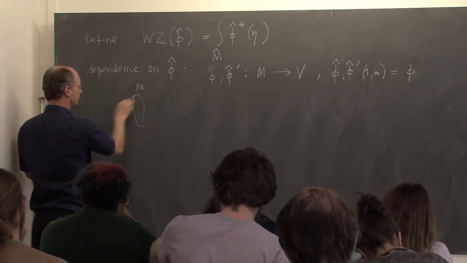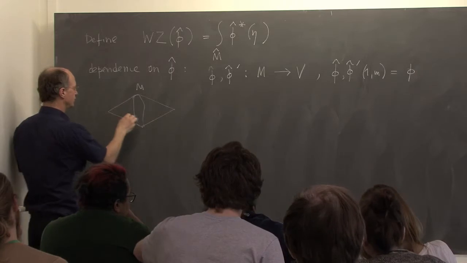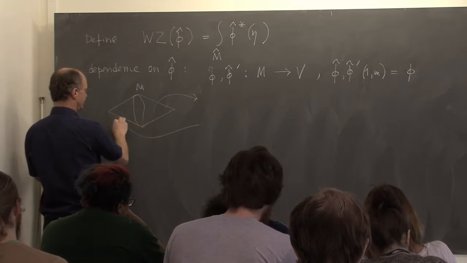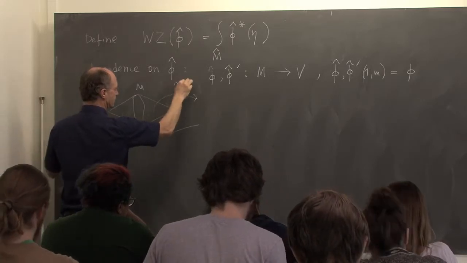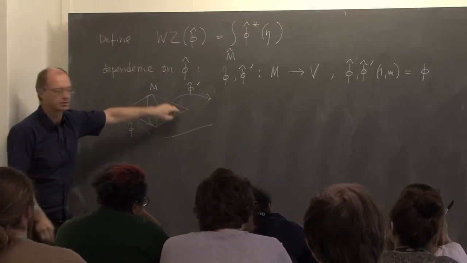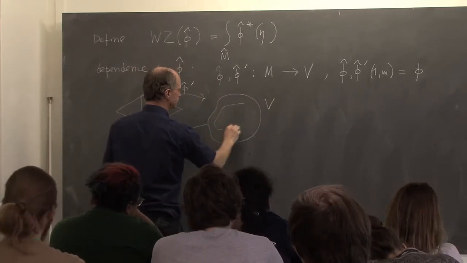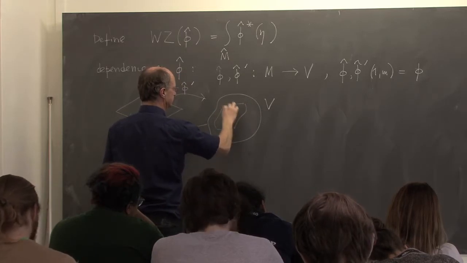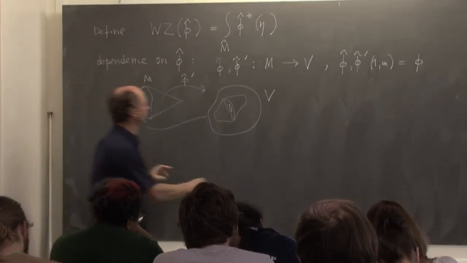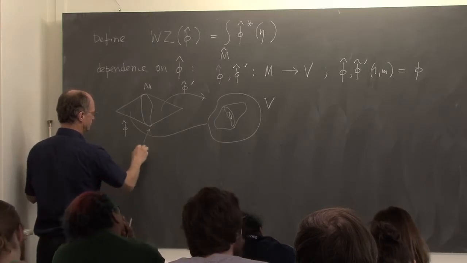so here is M, here was one of those cones, here is another of those cones. So this is phi hat, this is phi hat prime. So we can glue it into a map from such a double cone into V. So let me denote this double cone by M tilde.